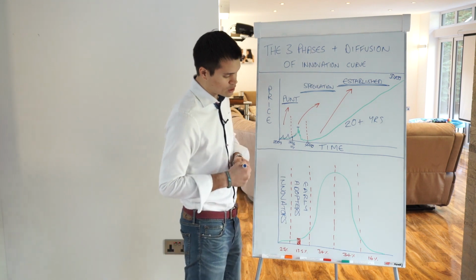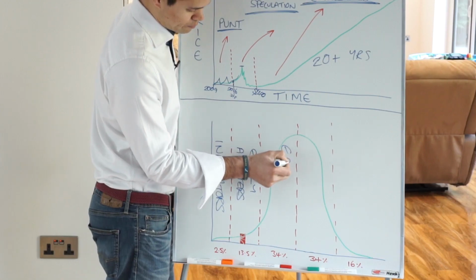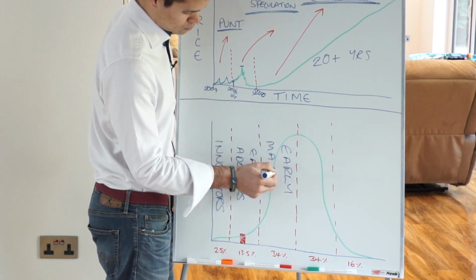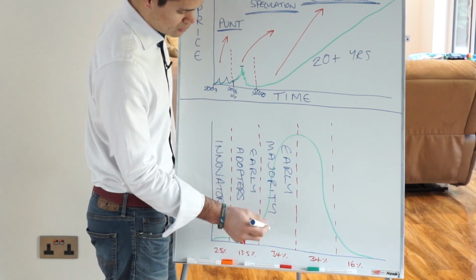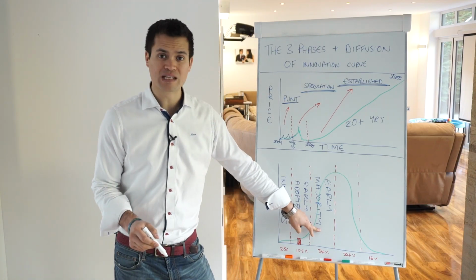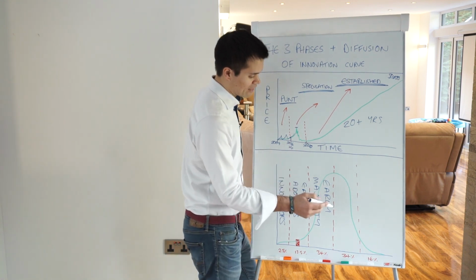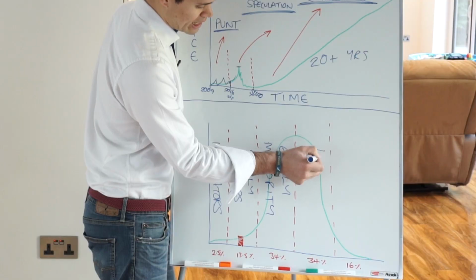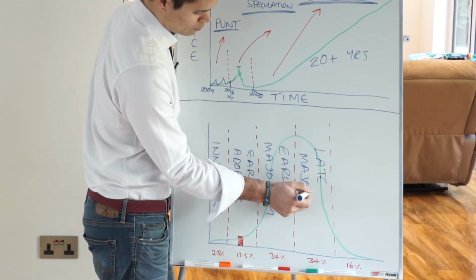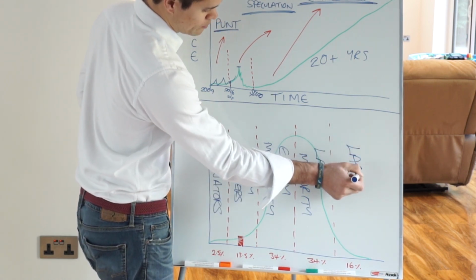So after the early adopters, you then have a thing called the early majority. And it's when the early majority pile in that it's all over the place. Things go crazy. And then you get the late majority. And last but not least, you have the laggards.